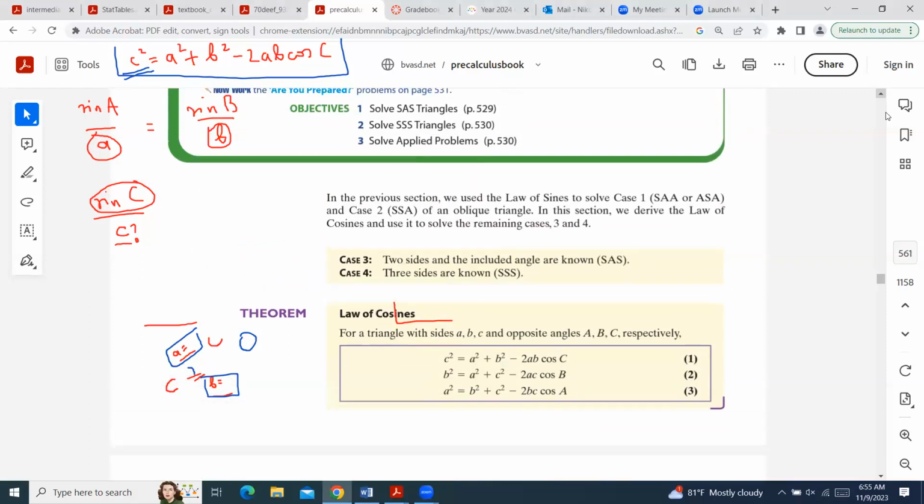And we already noticed that it doesn't really matter how we call our angles and sides if it's not a right triangle. But what really does matter here is that we have the two sides and the angle in between.